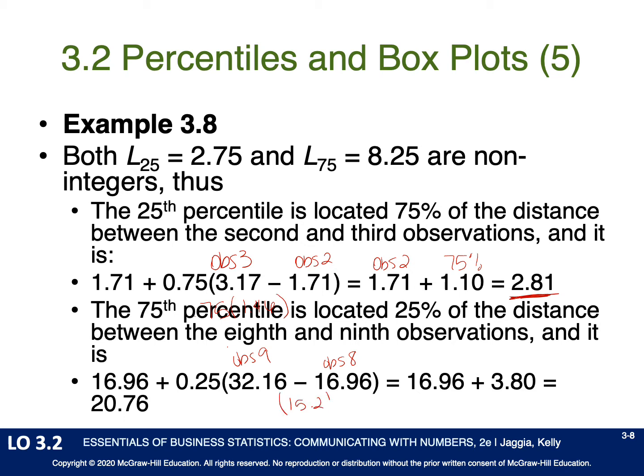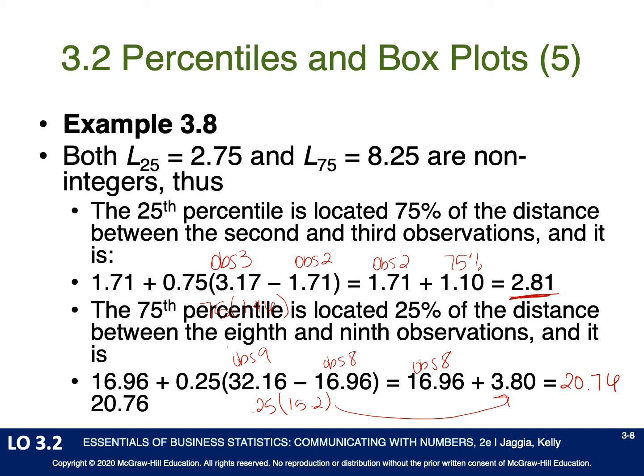And we're going to multiply that by 0.25. When we multiply that by 0.25, that's where we get the 3.8. So we're going to take observation 8 and add to it the 25% of the distance between the 8th and 9th observation, and that's how we get 20.76.